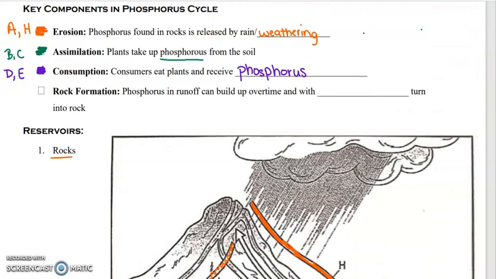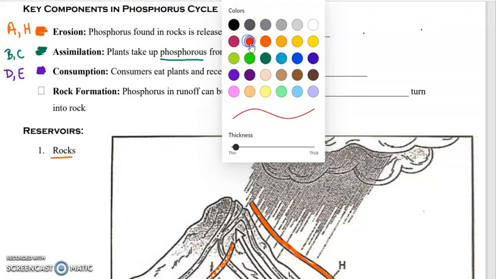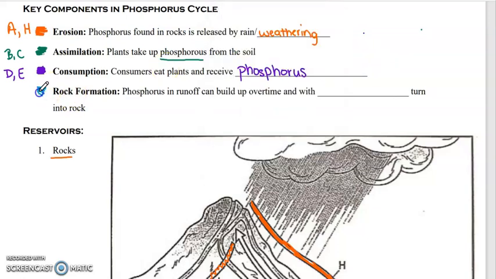And then our final one will be the reverse of erosion. So we haven't really done blue. So we know that phosphorus, we started in a rock, we broke it down through erosion, went to plants through assimilation, went to animals through consumption. We want to return it back to that solid rock state. And so that would be rock formation, where phosphorus over time, with a lot of time and with a lot of pressure, can turn back into rock.